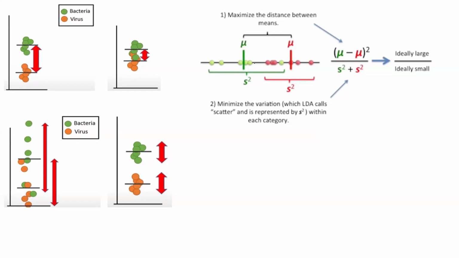Now the first statement says the mean of the group means should be large, or in other words, you want to maximize the distance between the group means. This is group 1, this is group 2. The first goal of LDA is to maximize the distance between the means of the groups. If we maximize the distance between the groups, the classification will get better.